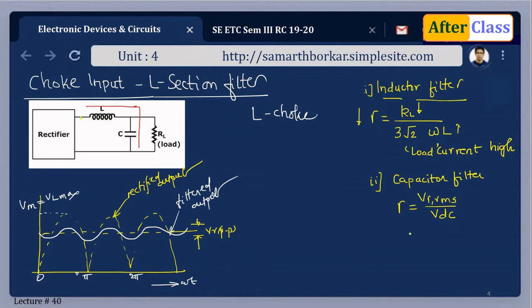Fine. So when we actually solve this, what we get is 1 by 4 root 3 F C RL.